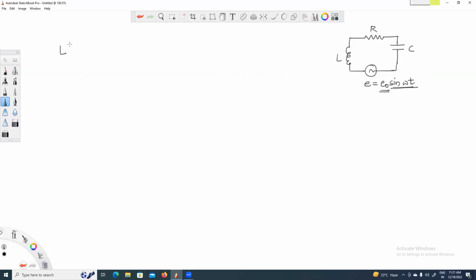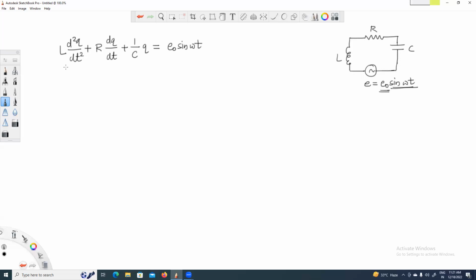So I can write this as L d2q over dt square, as we have already previously seen. Then the drop across R is I times R, which can be written as R dq over dt, plus q by C, 1 over C times q. And now this potential drop must be equal to the externally connected AC source, which is E naught times sine omega t.